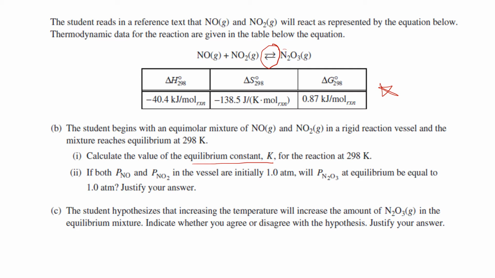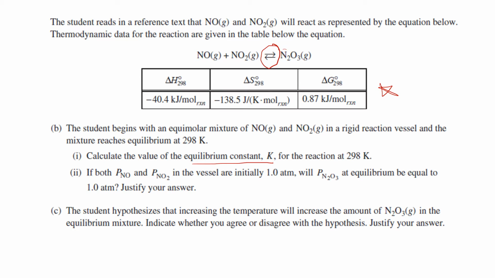The last part, they are saying that the student hypothesizes that increasing the temperature will increase the amount of the product in the equilibrium mixture. So we're going to have to agree or disagree and justify our answer. So these last 2 are that claims, evidence, and reasoning. So let's break this up.